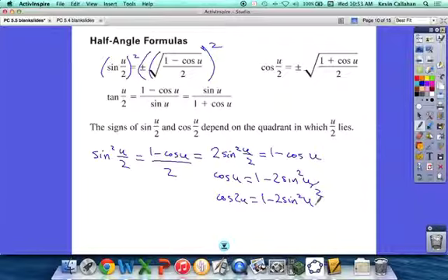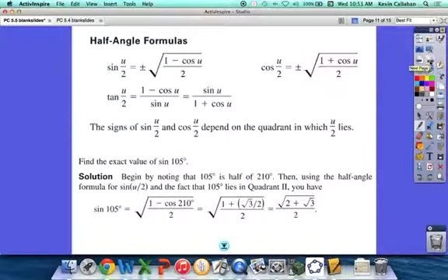Now the place where they use this kind of thing is like the next problem. If it said, find the exact value of the sine of 105. Well, if it says exact, that's supposed to be a unit circle value, right? Well, 105 is not a unit circle value. Well, what about doubling it?